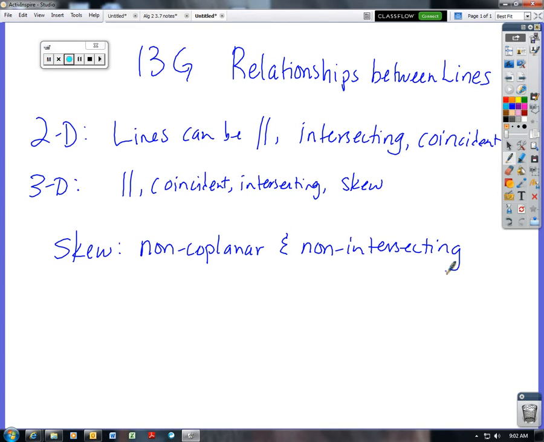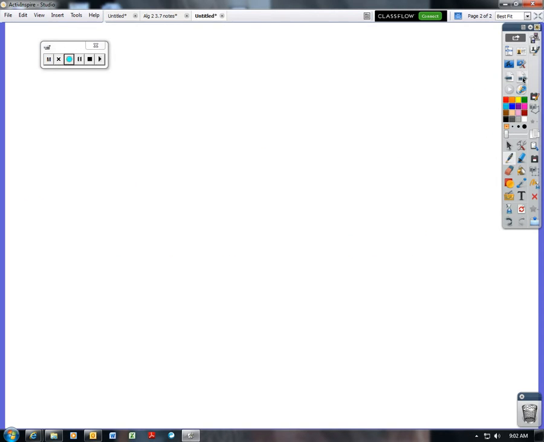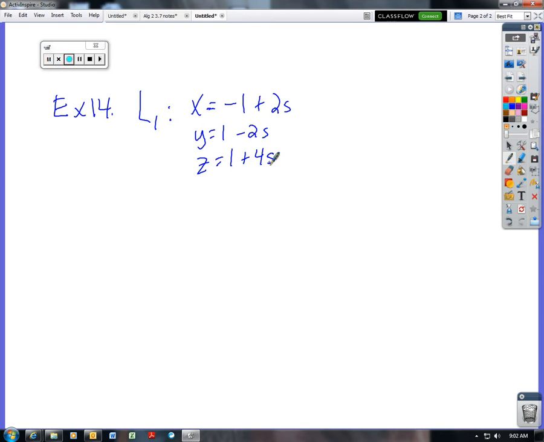Okay, so now example 14. Line 1, x equals negative 1 plus 2s, y equals 1 minus 2s, z equals 1 plus 4s.